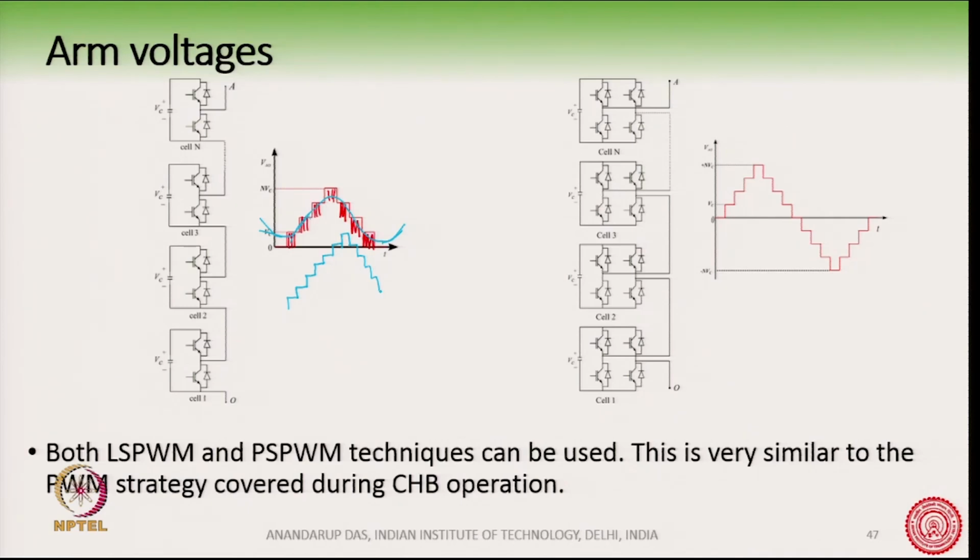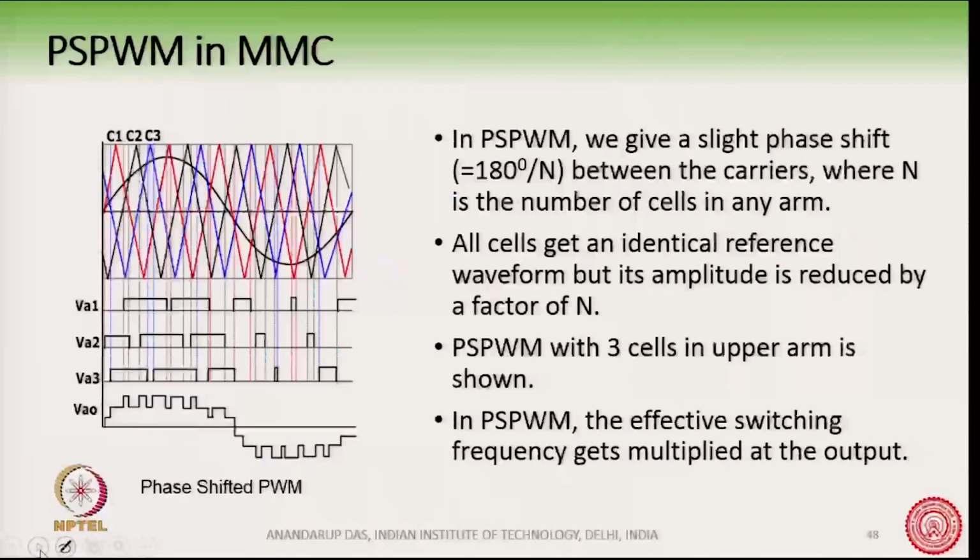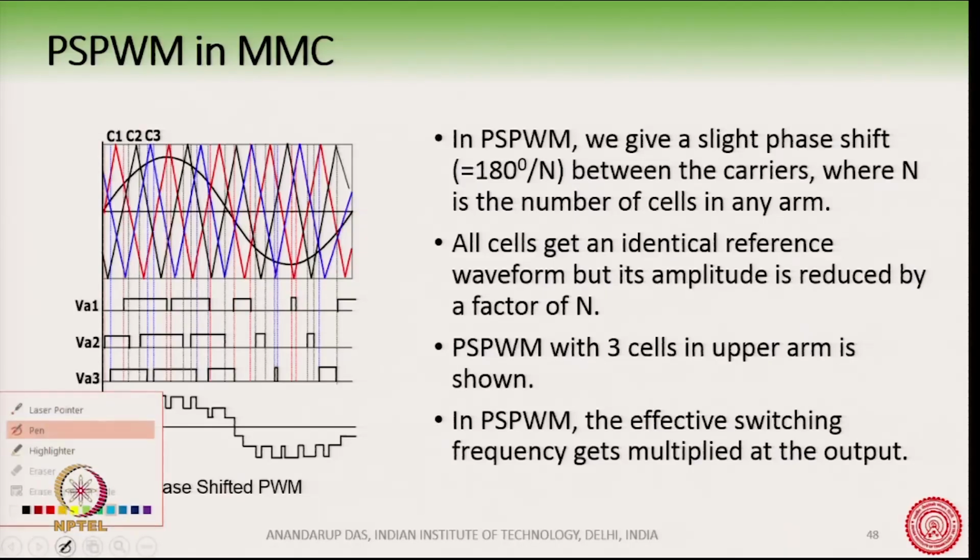In order to realize this switching action, both level shift PWM and phase shift PWM techniques can be used, just like what we did during the cascaded H-bridge discussion. Suppose we want to use the phase shift PWM in MMC. We can see here the reference signal, which we had shown.